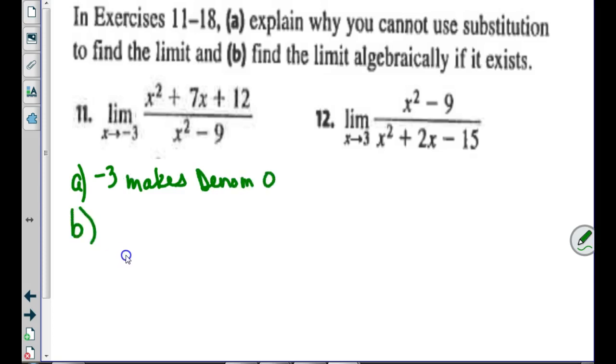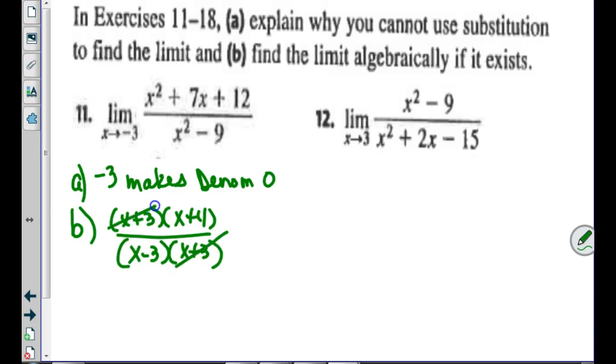So how could we do it? Yep, the top factors as x plus 3 times x plus 4. The bottom factors as x minus 3 times x plus 3. If we divide that whole thing out, now can we put a -3 in? So we'd get -3 plus 4 over -3 minus 3, or 1 over -6. Did I do that right?